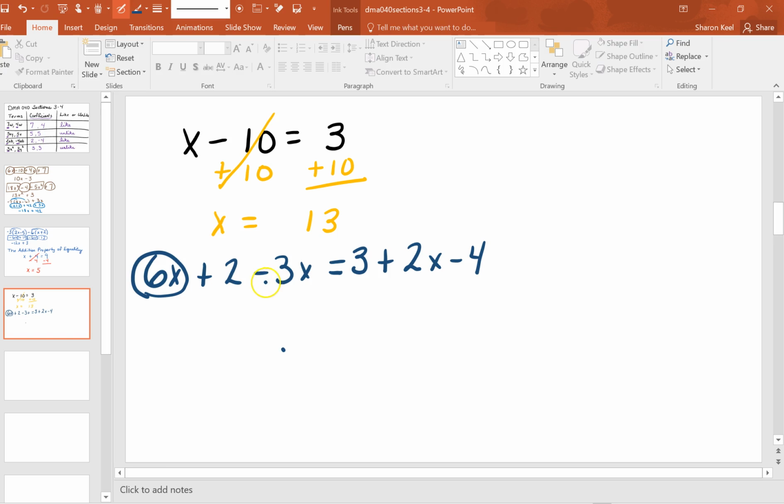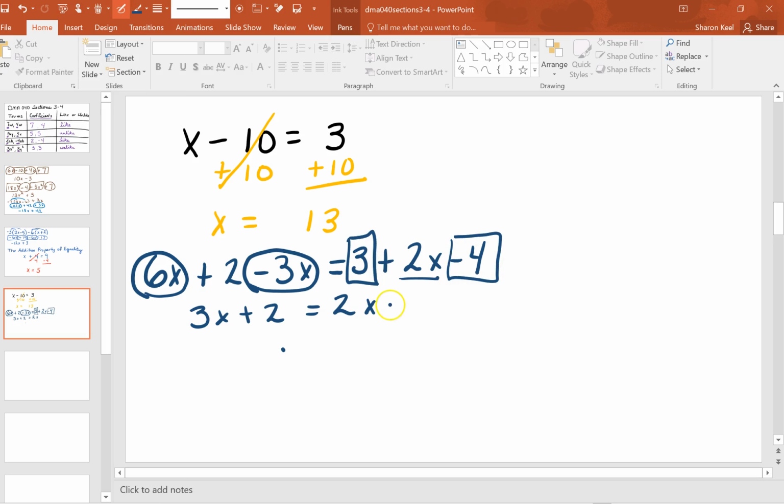So on the left side, I have 6x minus 3x. 6 minus 3 is 3x, and bring down my plus 2. On the right side, there's only a single 2x, so I'm going to bring that down. And then I have a positive 3 minus 4, which gives me minus 1.